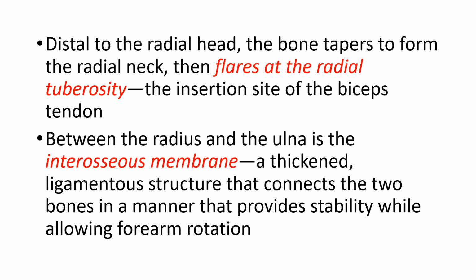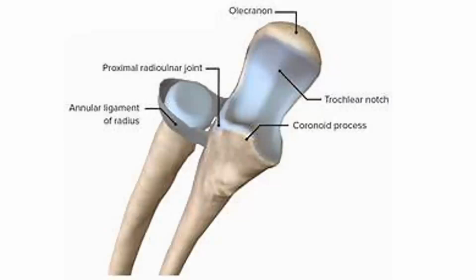So remember that the interosseous membrane is a thickened ligamentous structure that connects the two bones in a manner that provides stability while allowing forearm rotation. I like this picture because it shows details.